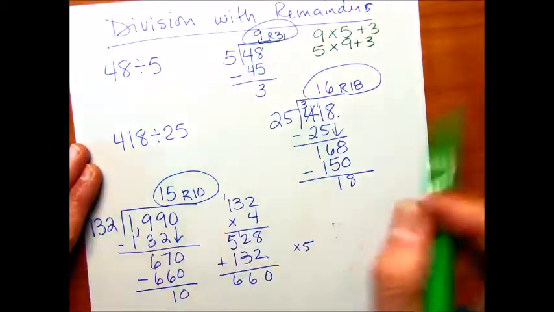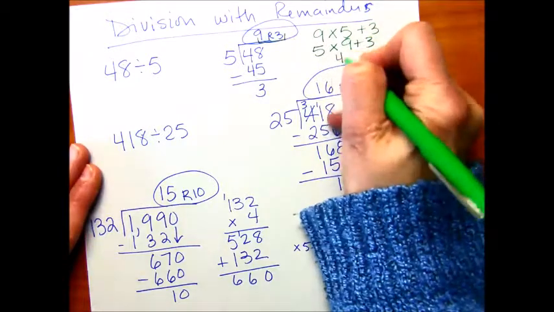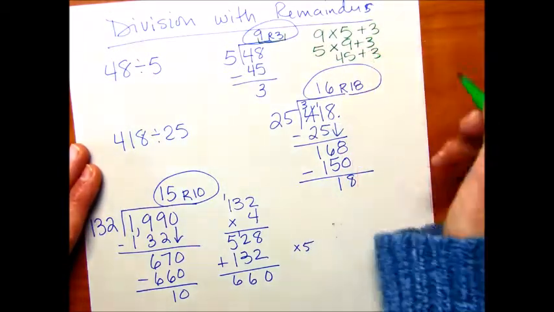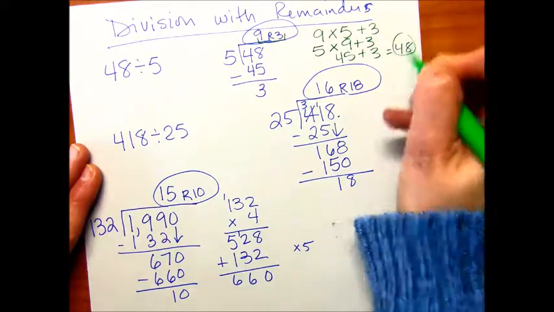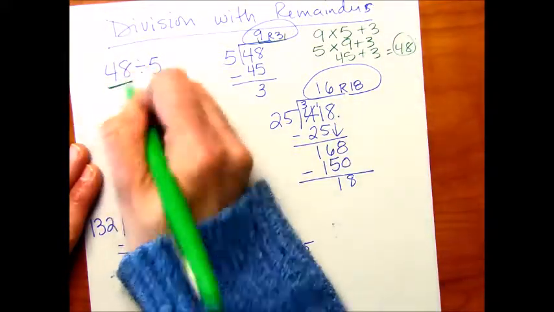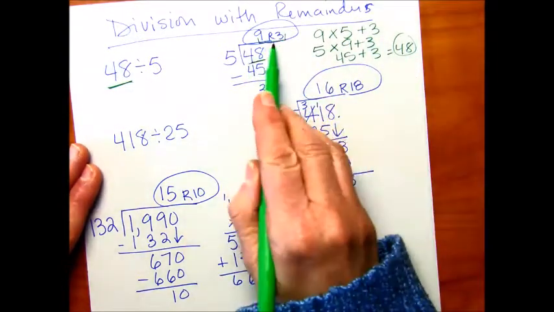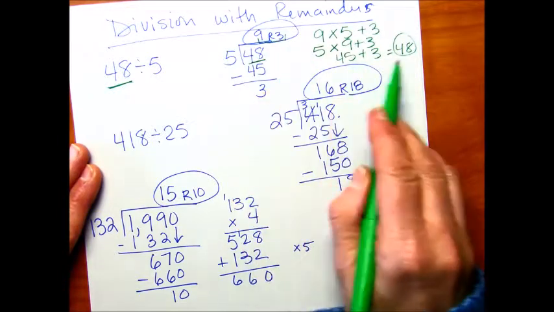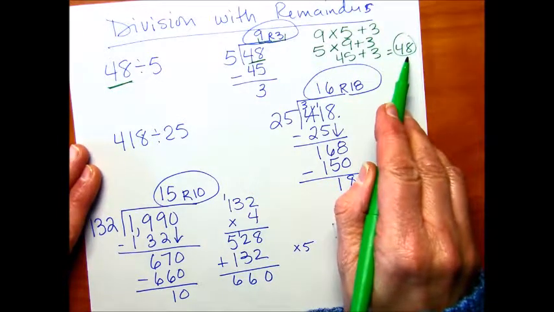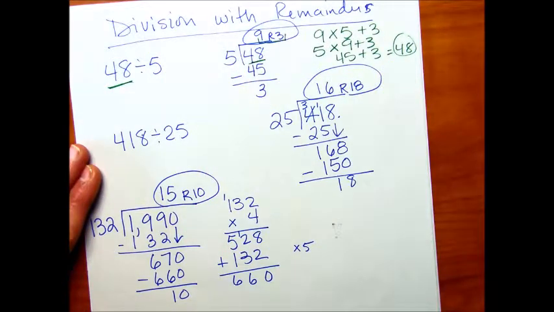If that makes sense, that's fine. So 5 times 9 is 45, plus 3 is 48. And that's what we had way over here when we first started. So this answer, 9 remainder 3, is correct, because I was able to go backwards and show that I went back to my starting point.